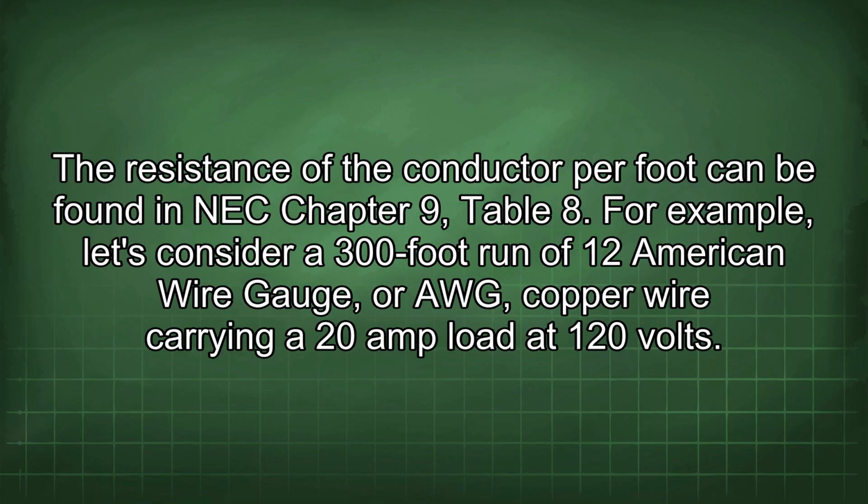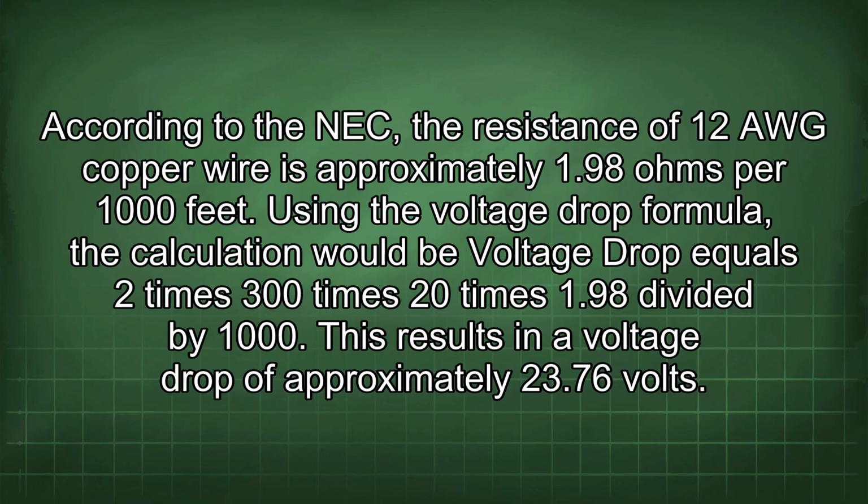For example, let's consider a 300-foot run of 12 American Wire Gauge, or AWG, copper wire carrying a 20-amp load at 120 volts. According to the NEC, the resistance of 12 AWG copper wire is approximately 1.98 ohms per 1000 feet.